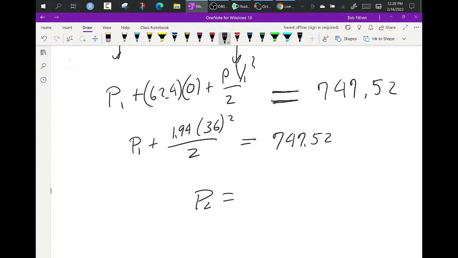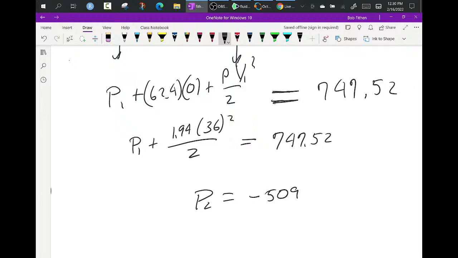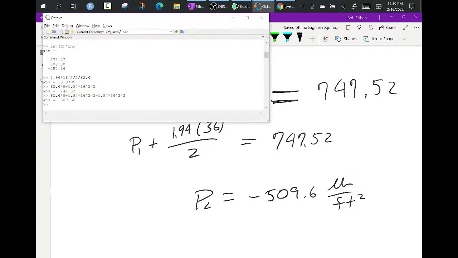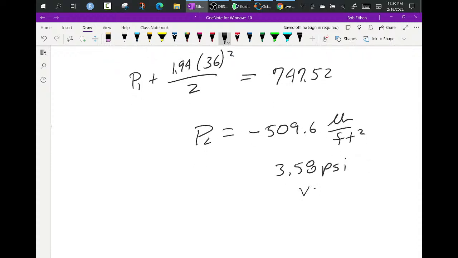The pressure at 1 is equal to that minus 1.94 times 36 squared over 2, equal to minus 709 and some digits. 26 pounds per square foot, or 3.58 psi vacuum. So P2 is equal to minus this. So it's a little bit of a vacuum there.